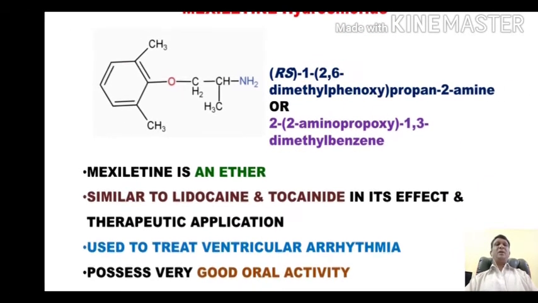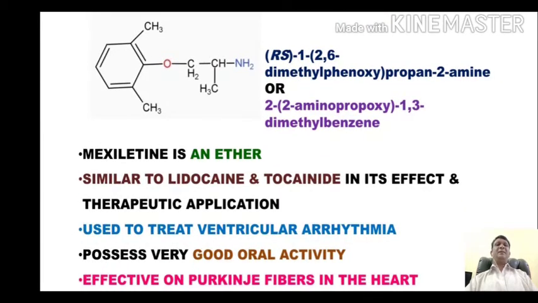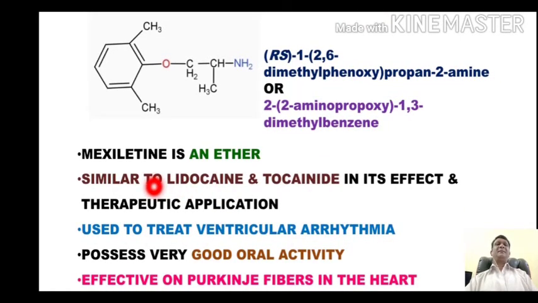As I mentioned, this is an ether and it has a similar effect to that of lidocaine and tocainide. This drug is used for treatment of ventricular arrhythmia. With the introduction of this ether, this compound has a very profound oral activity, as it is not prone to get attacked by the water molecule and it resists hydrolysis.